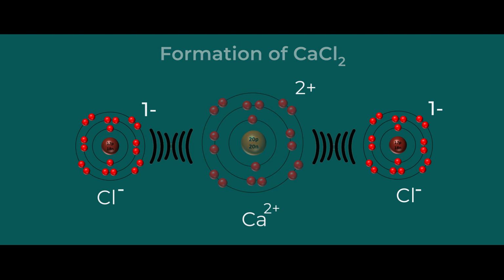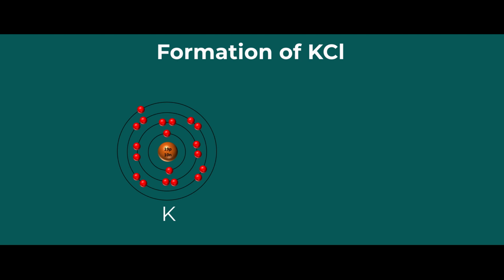The next example is potassium chloride. I have an atom of potassium containing 1 electron in its outermost shell, and it is not stable. In order to gain stability, it needs to lose 1 electron. And another example, I have a chlorine atom having 7 electrons in its last shell, not stable again, needs to gain 1 electron.